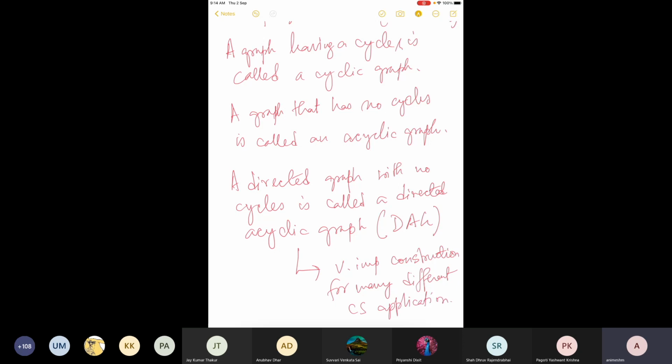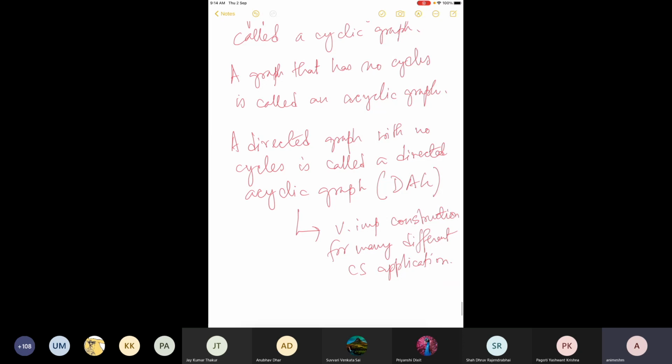We will see why it is so. Directed acyclic graphs, or DAGs, have very special properties, and we will see how these properties can be exploited. You'll see the special property in the theory class, and some of the applications of this property will be discussed in tomorrow's tutorial.